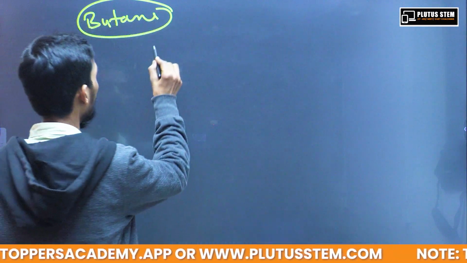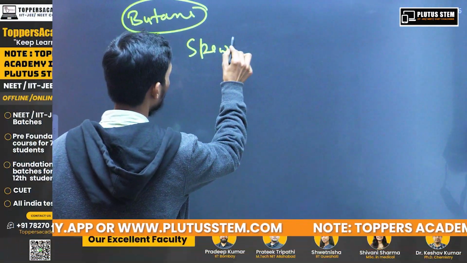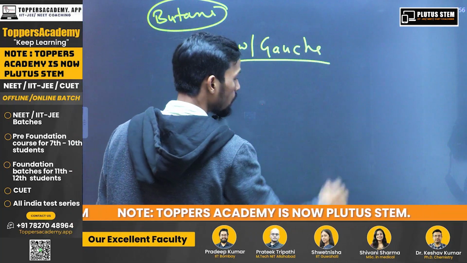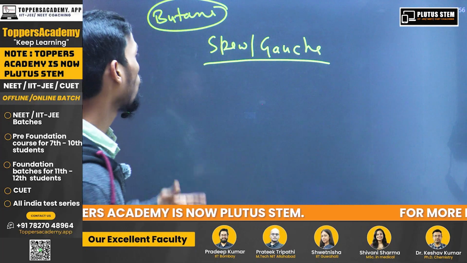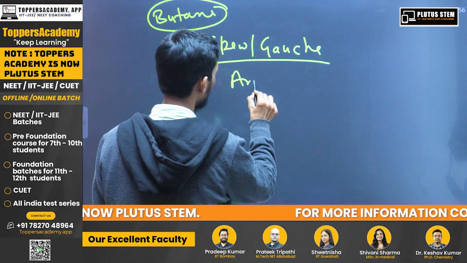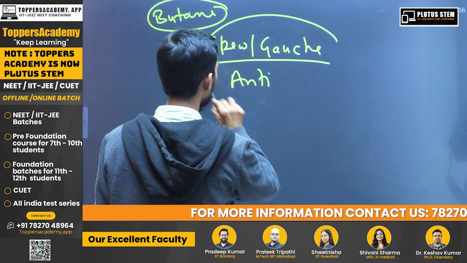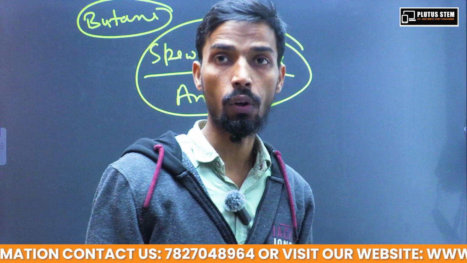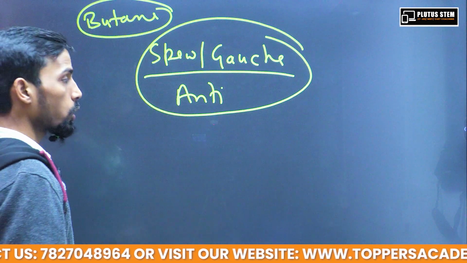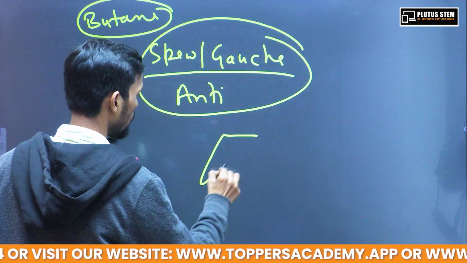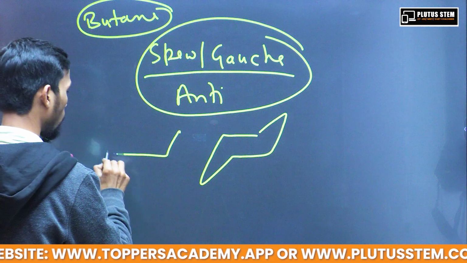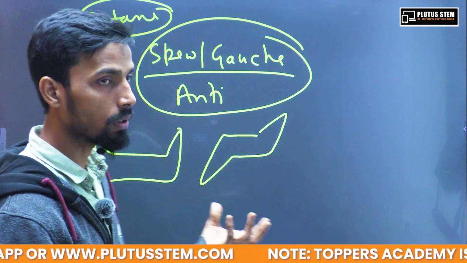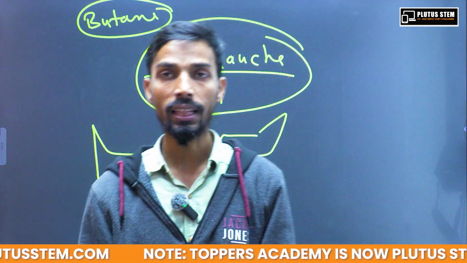In butane we will see the skew form or gauche form, fully eclipsed, fully staggered, and anti form. Many more things we are going to study in the upcoming lecture, in which we will discuss the conformations of the butane molecule and cyclohexane, chair form or boat form, and which one is stable and why.